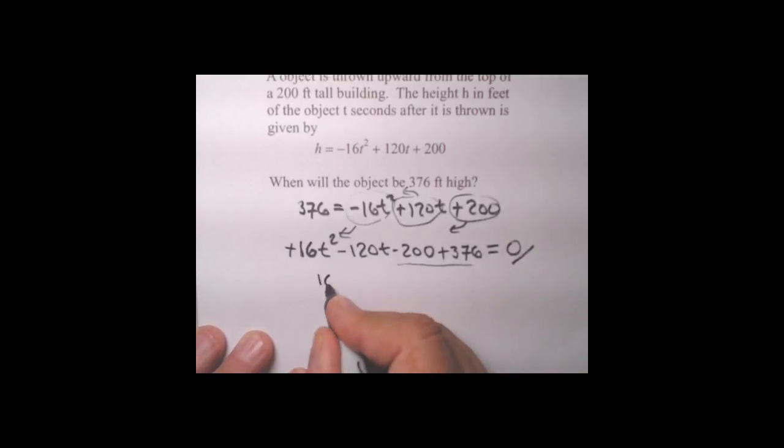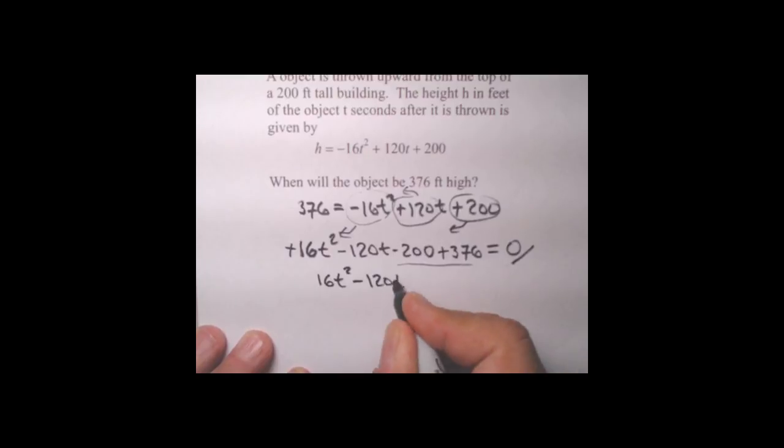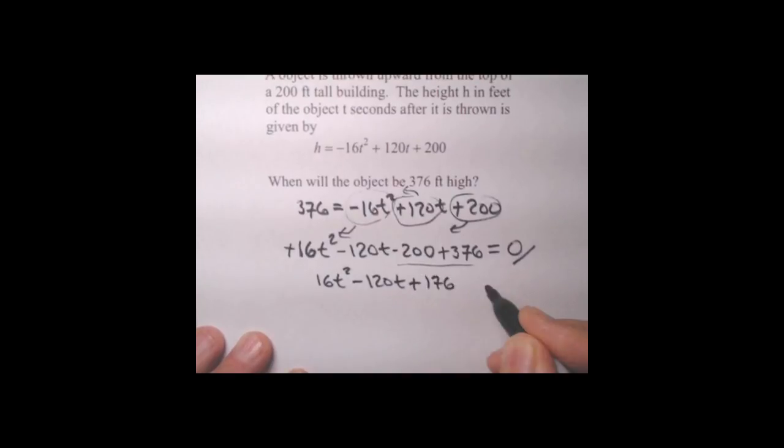So I've got 16t squared minus 120t. 376 minus 200 is going to be positive 176 equals 0. Well, this is not an AC product, or excuse me, it's not a nice reverse FOIL.